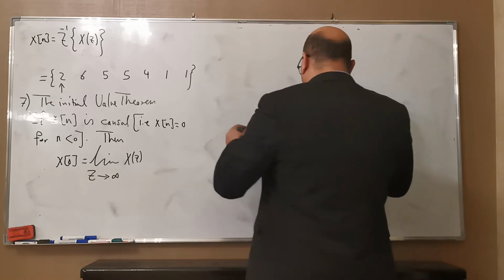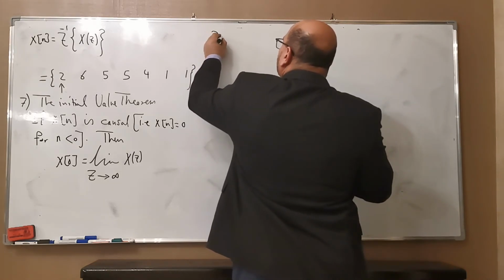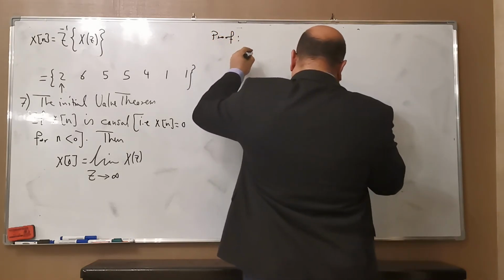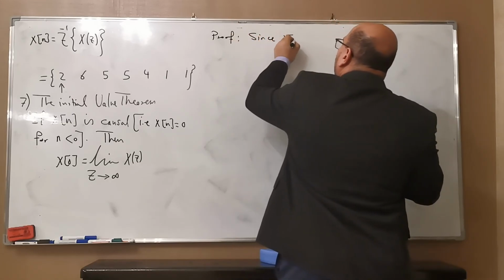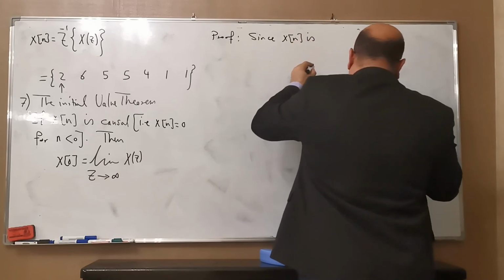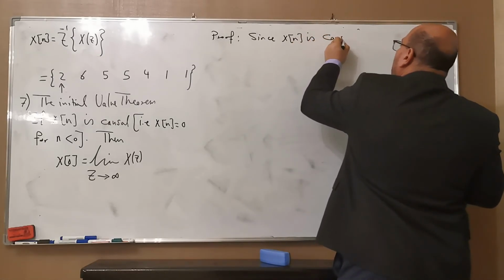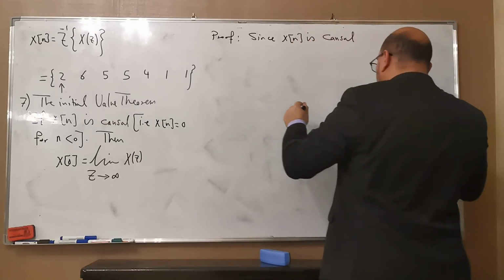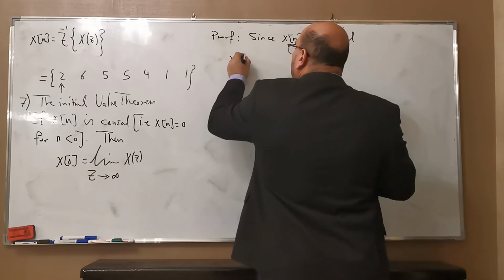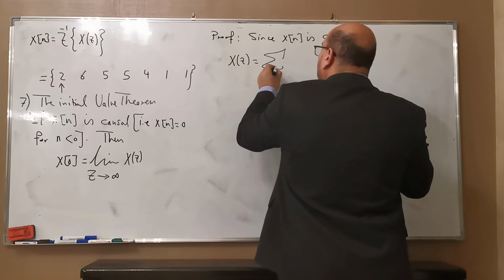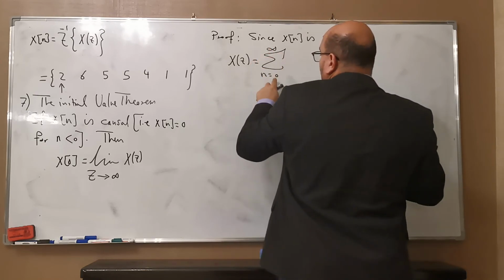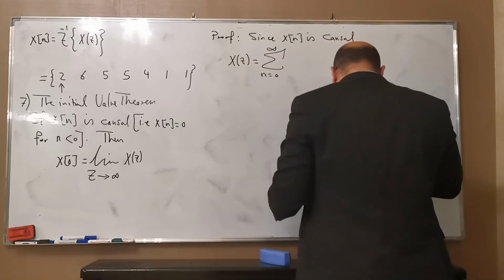If we want to prove this, since x of n is causal, x of z by definition is the sum from n equals 0 up to infinity, because it is causal, so it starts from 0 and above.